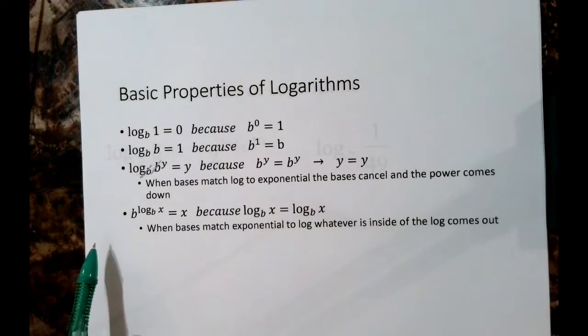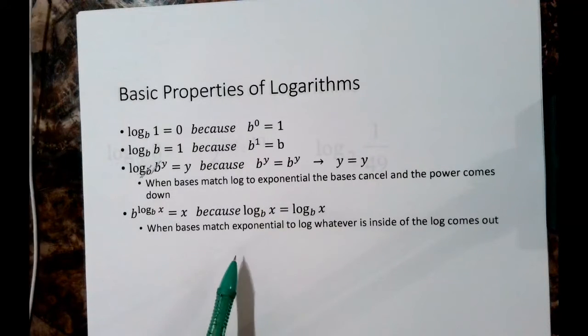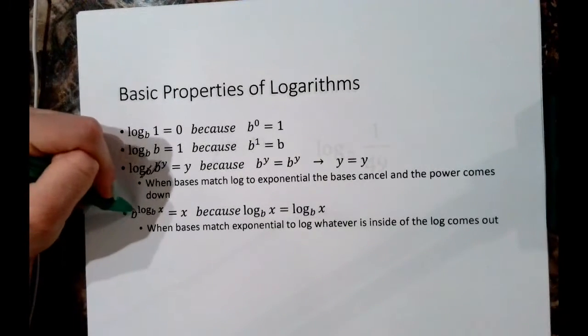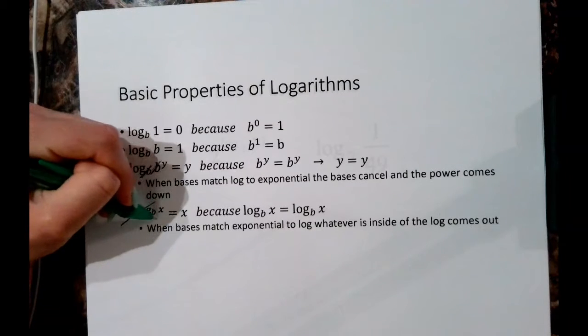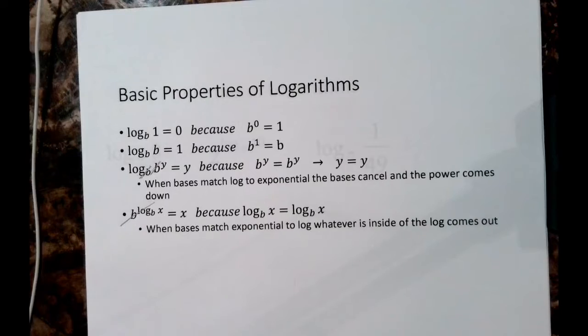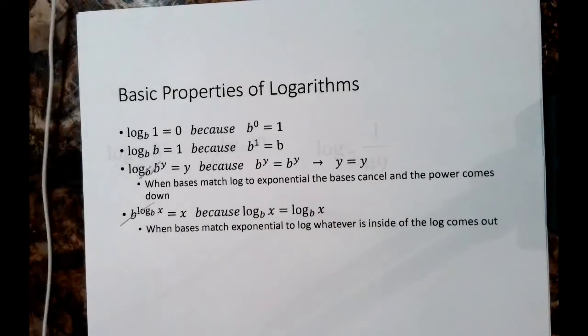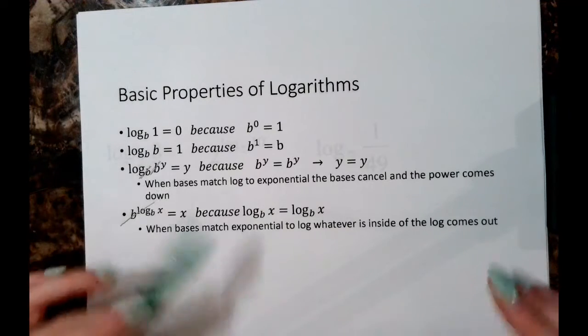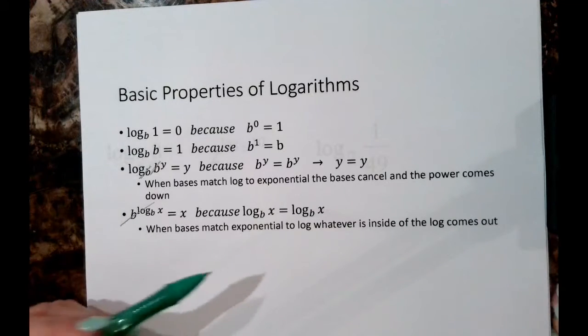Right here, when bases match exponential to log, whatever's inside of the logarithm comes out. So, again, our exponential base, this b right here, and our log base cancel out, and we get x equals x. Remember I said exponents and logs cancel each other out. They're inverse operations. The deal with this, though, is that our bases need to match exactly.